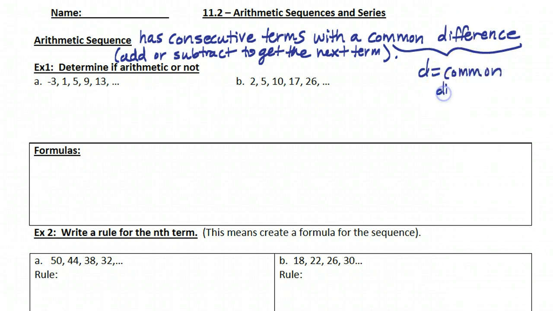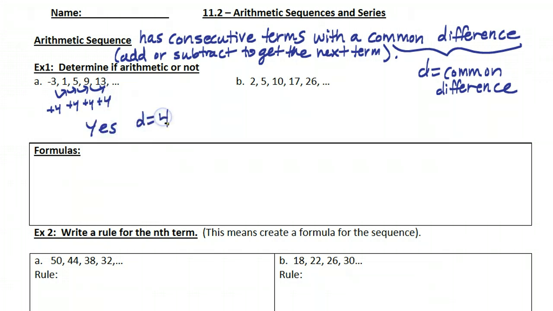Alright, first example, we are just going to determine if each of these are arithmetic or not. So what I want to do is find the difference of each number. So I'm asking myself in my mind, what's being added or subtracted to get the next term? If you look at this one right here, it's adding 4, adding 4. Make sure you test all of them because sometimes they'll switch it up on you, but this one is adding 4 every time. So this one is a yes, and the common difference is 4.